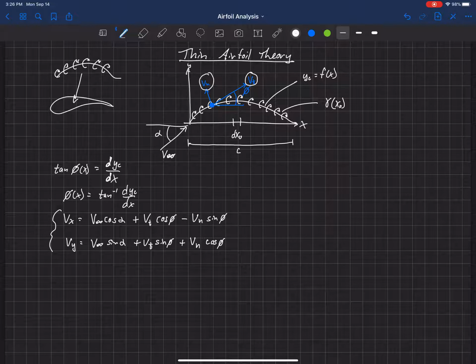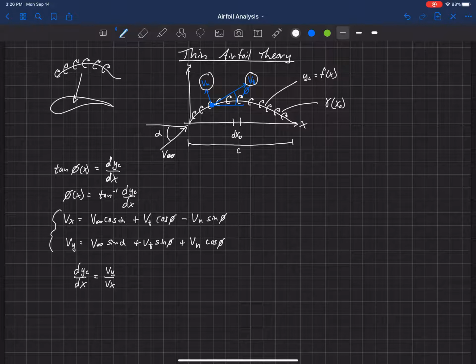Okay, now one last thing is that in order for the camber line to be a streamline of the flow, that means that the change in camber line with respect to x, or that slope, has to be equal to the velocity in the y direction divided by the velocity in the x direction. That simply is stating that the velocity there at that point is tangential to the slope of that camber line, or is tangential to the camber line itself.